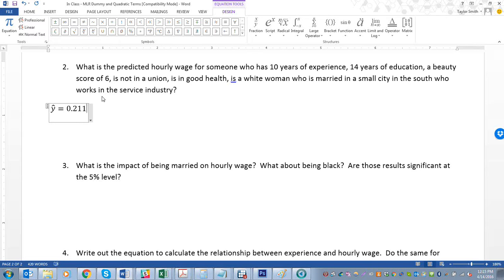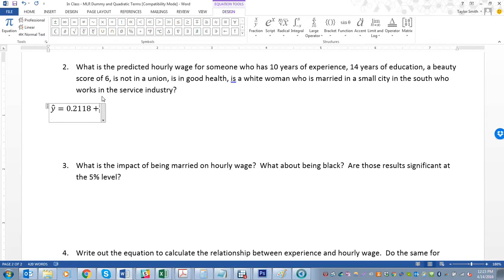I'm going to take this out to 4 decimal points here. You can do 3 or 4. I'm going to use 4 just to make sure I'm super accurate. So we always want to start with your intercept, and then from there on, we're going to be multiplying basically each value times its coefficient, right?